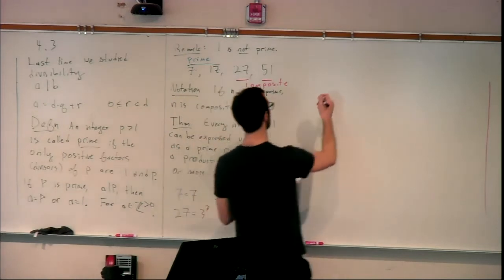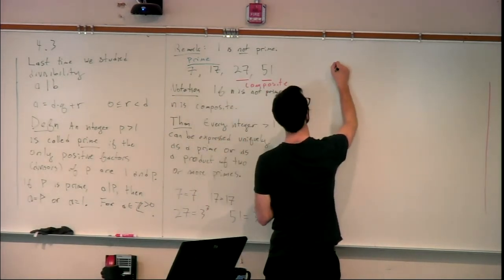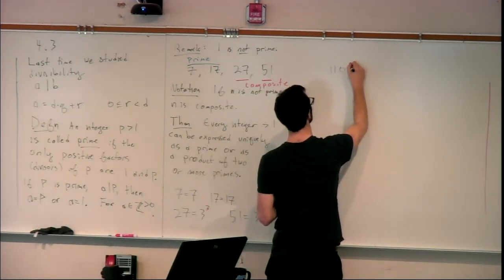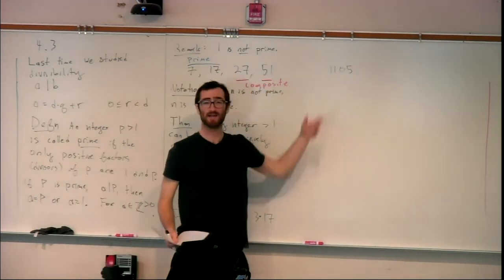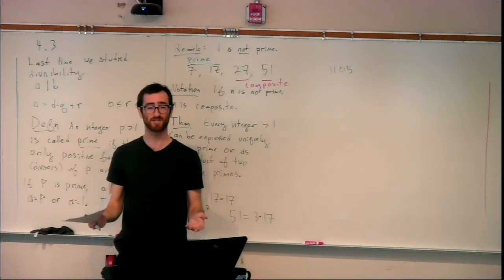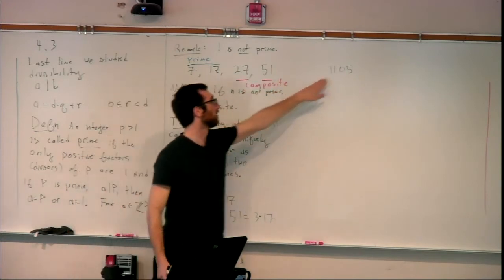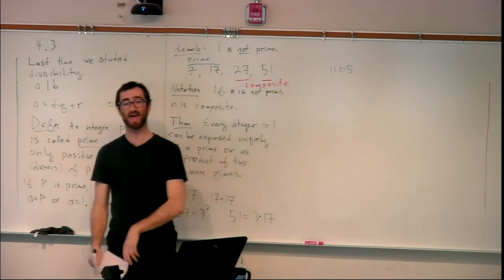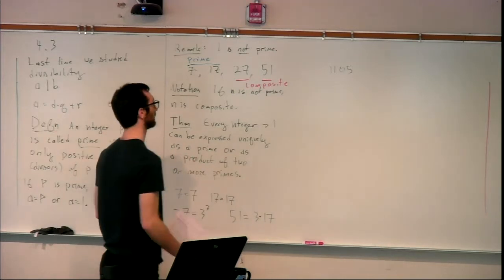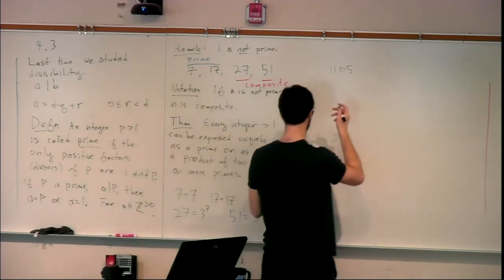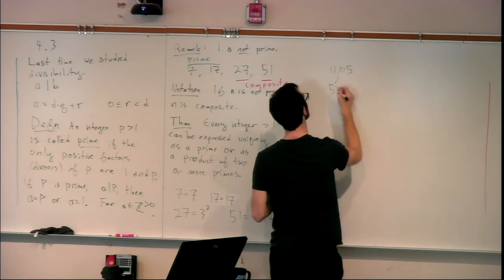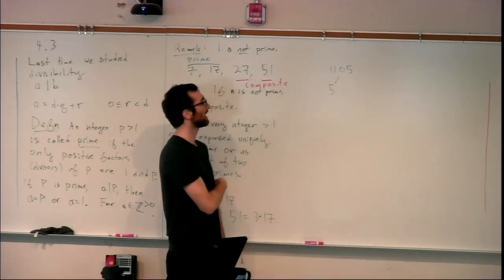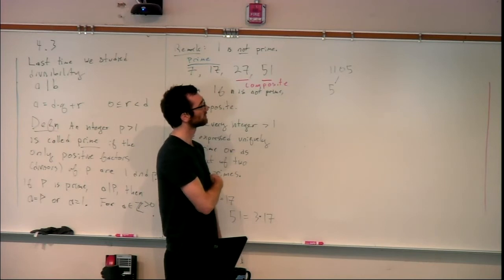So for instance, if I'm trying to find the prime factorization of 1,105, well, since it ends in a 5, I know that it's divisible by 5, so my first step should be to write 1,105 as 5 times something. And indeed, this is going to be equal to 5 times, if I divide by 5, I'm going to get 221.